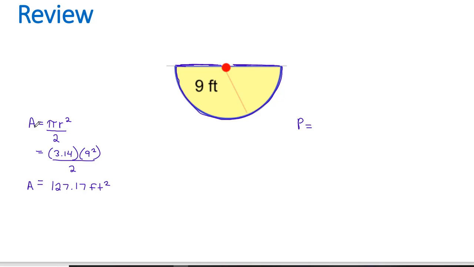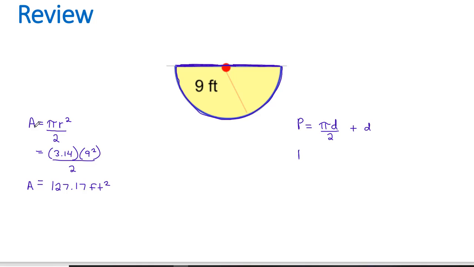So we are going to take pi times the diameter and cut that in half for the outside edge of the circle, but then we're going to add the diameter for this straight piece. Well, this is a little beyond our course. You'll do this more in the next level, but it's good to show it now.